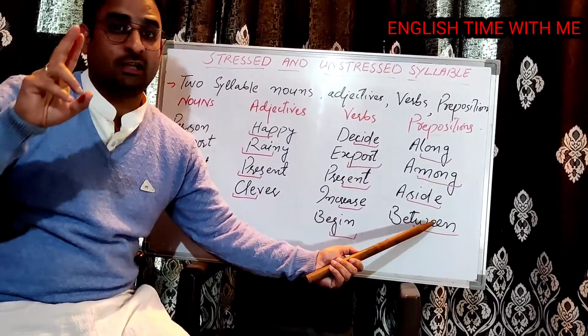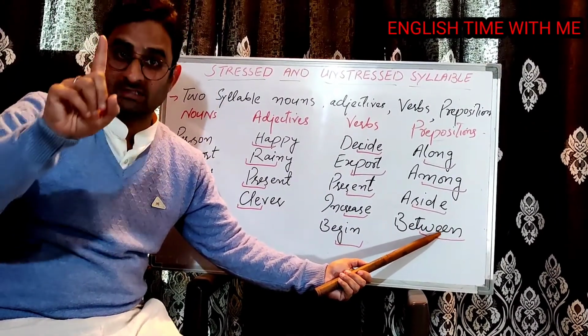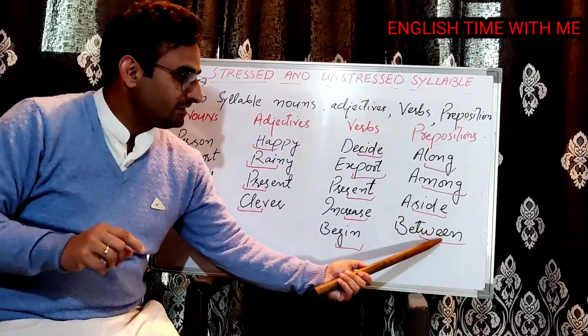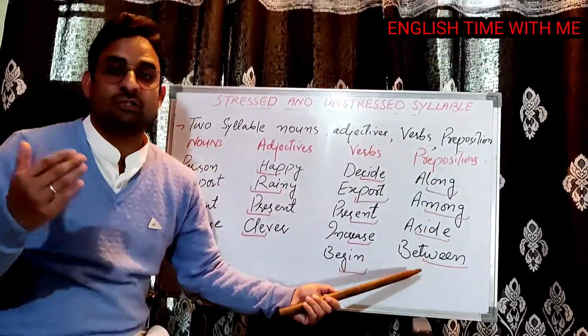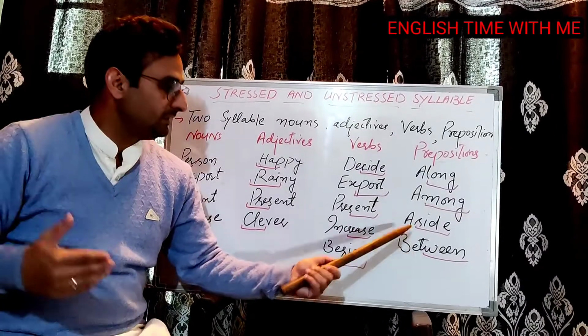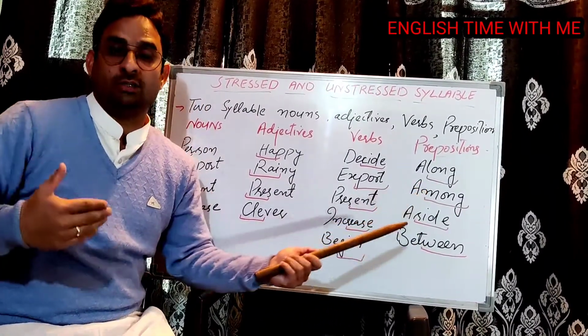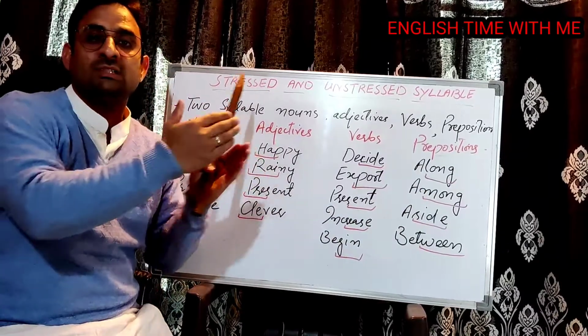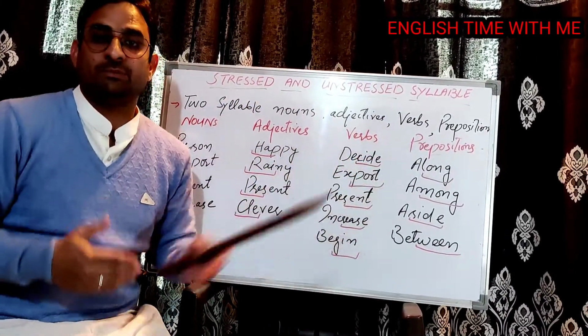It is E. There are not two sounds, so we have only one syllable here. So the second syllable will be stressed in case of two syllable prepositions also. Between, aside, among, along. Okay, it was all about two syllable nouns, adjectives, verbs, and prepositions.